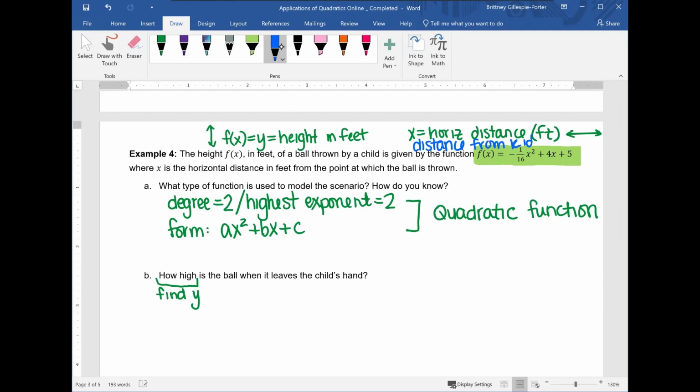Okay? So if the kid is just throwing it, what is the distance away from the kid? There is none. So x is going to be 0 when it leaves the child's hand. It hasn't gone anywhere yet.